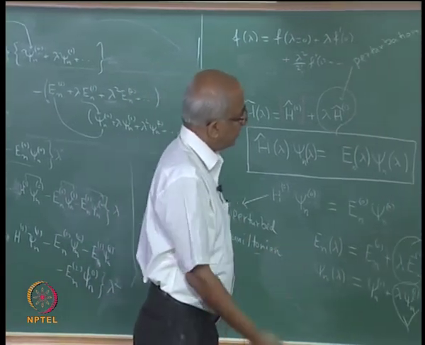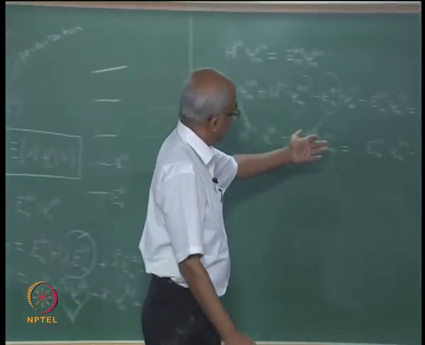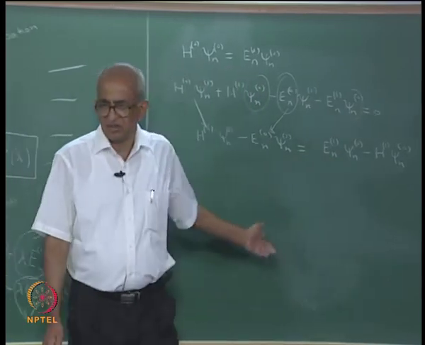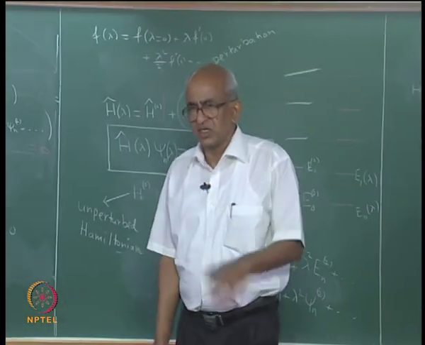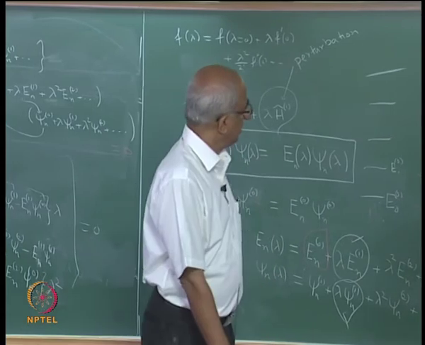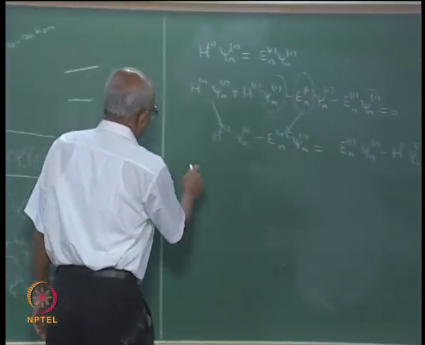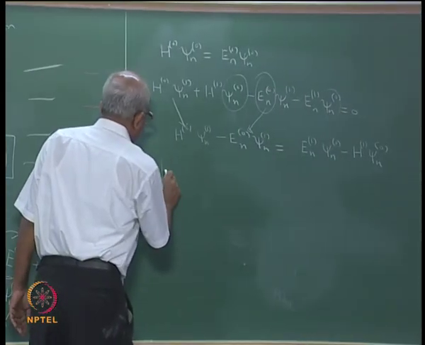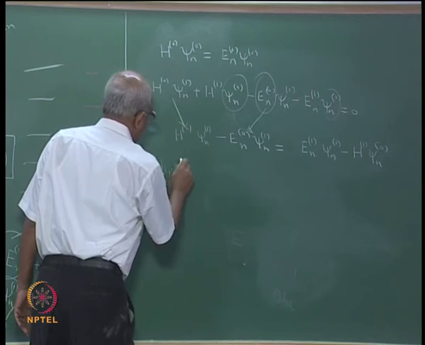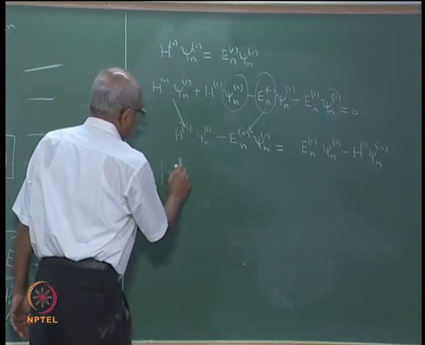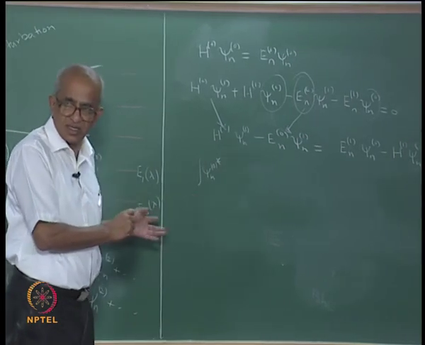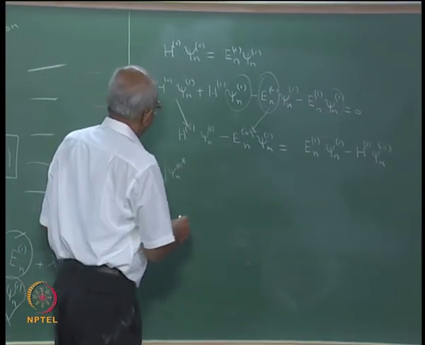Now, I want to find out E n 1, for example. Now, it seems difficult, but actually it is very easy with this equation. All that you need to do is multiply from the left hand side with psi n 0 star. This is known to us, psi n 0 is known to us. So, I can multiply throughout by psi n 0 star.